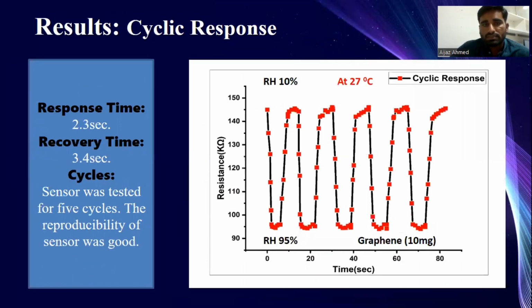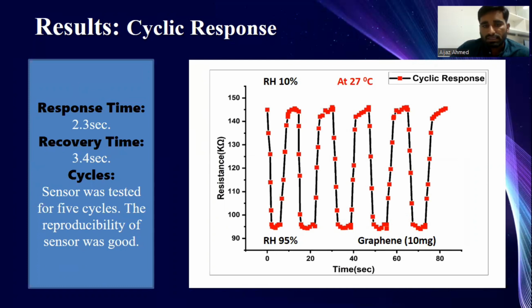After that, this is the cyclic response of our sensor. The sensor's response time is calculated, that is almost 2.3 seconds, and the recovery time is calculated as 3.4 seconds.